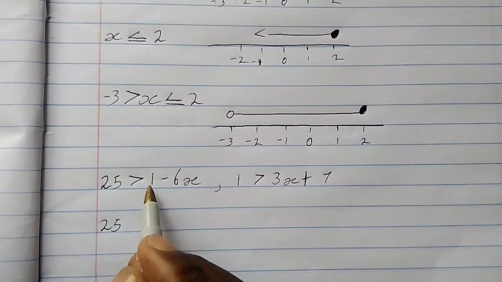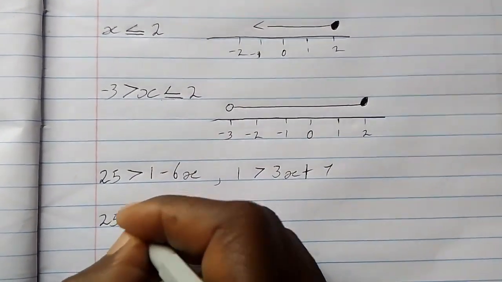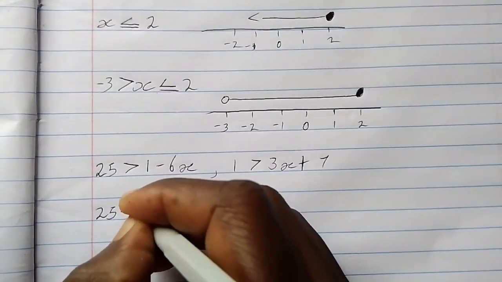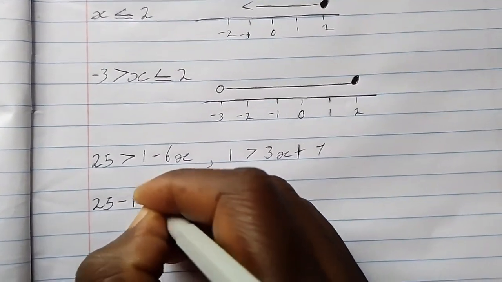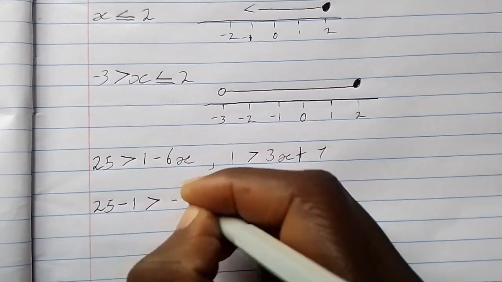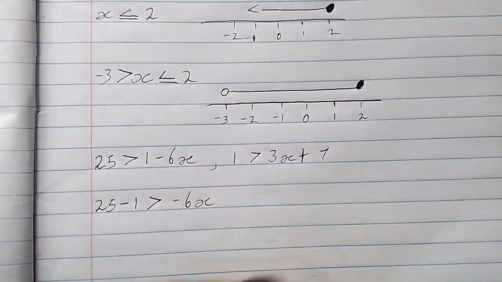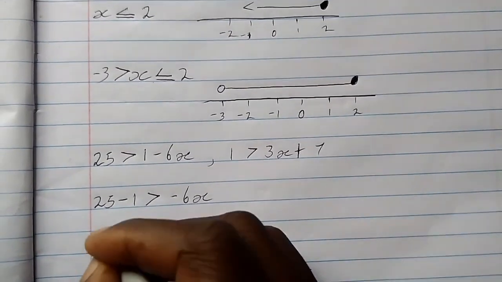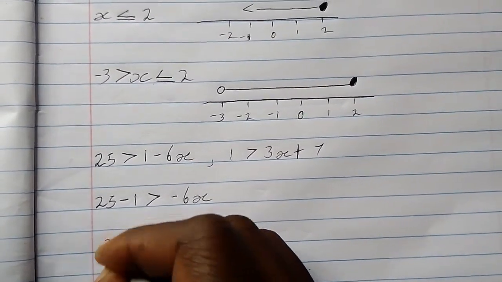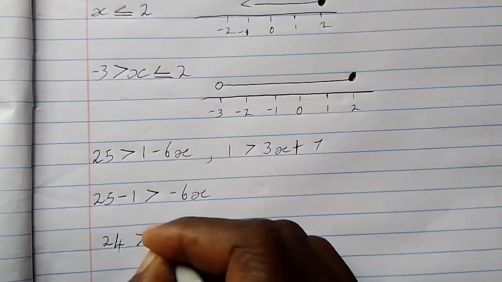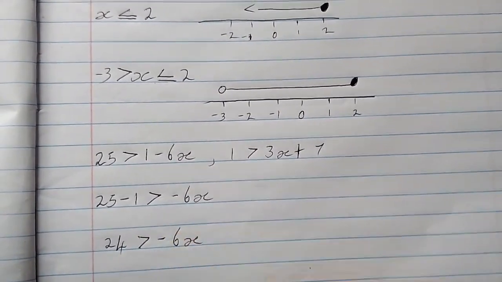So 25, then 1 moves to the other side and becomes negative 1, greater than minus 6x. Then 25 minus 1, which is 24, greater than minus 6x.